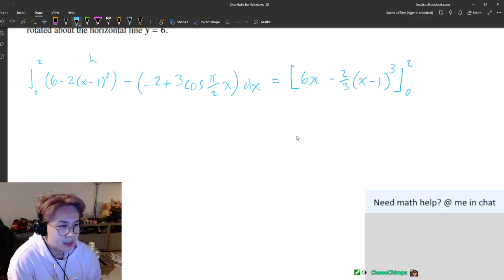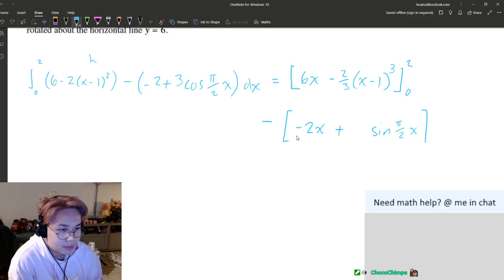And that seems about right. And then we're going to subtract negative 2x plus sine of pi over 2 x, and then the coefficient needs to be 3, so 6 over pi.